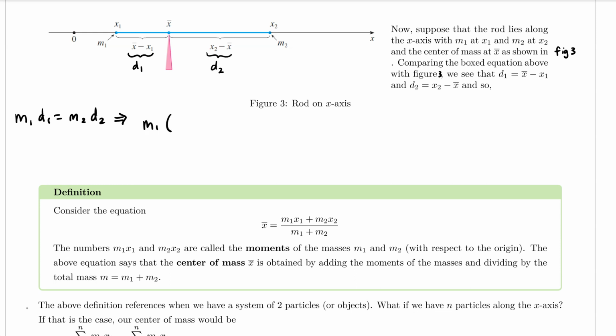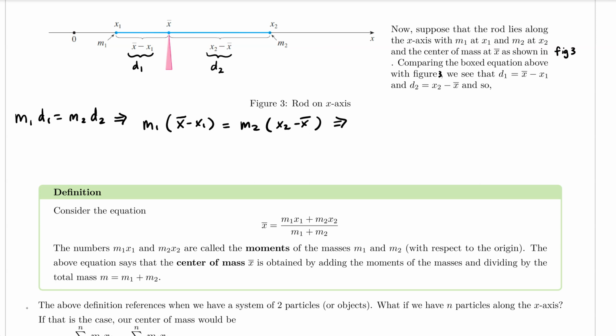So m1 times, we're going to replace d1 with x bar minus x1, and then we'll replace d2 with x2 minus x bar. My goal here is to know where on the x-axis my rod will balance. So essentially we're trying to find the value of x bar, because that is where the center of mass is.